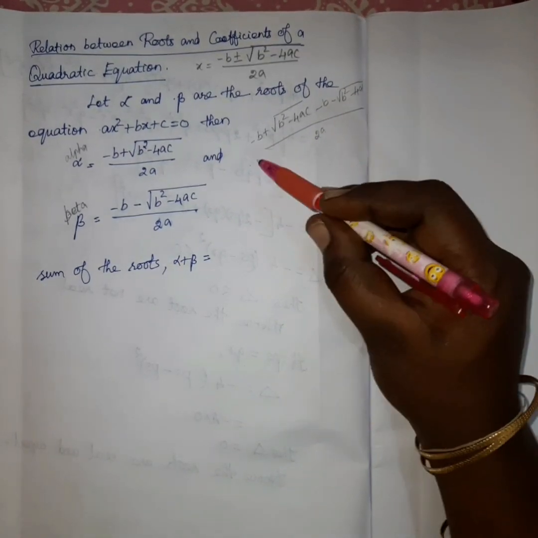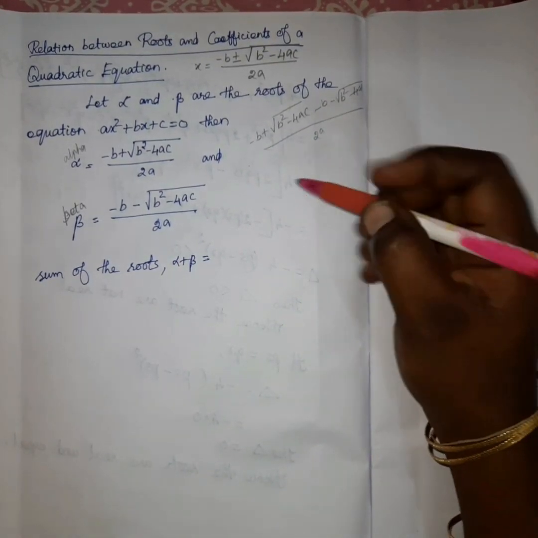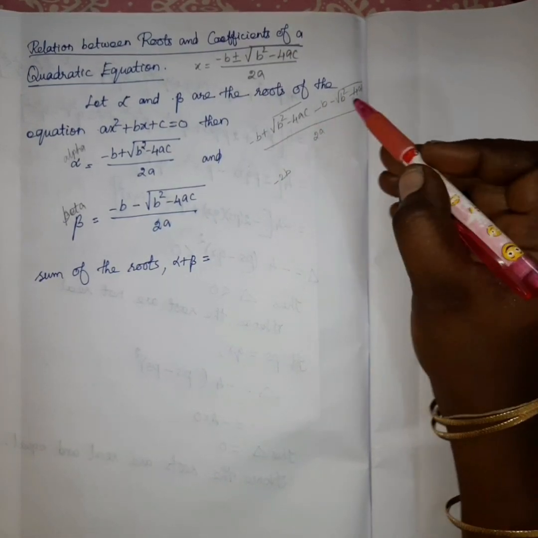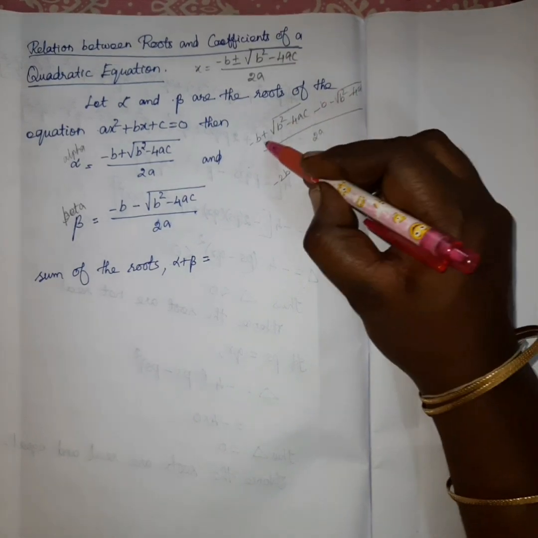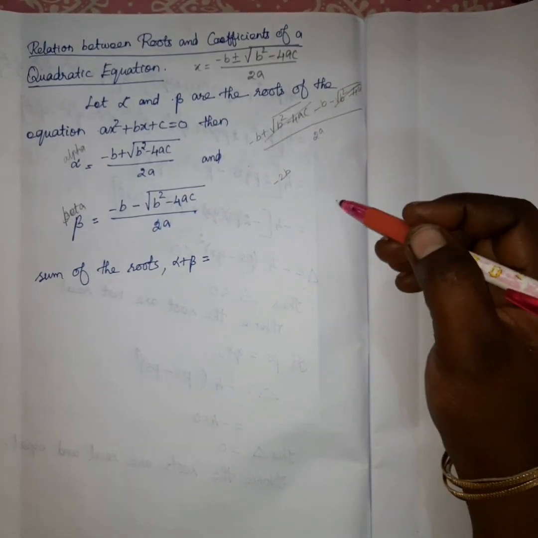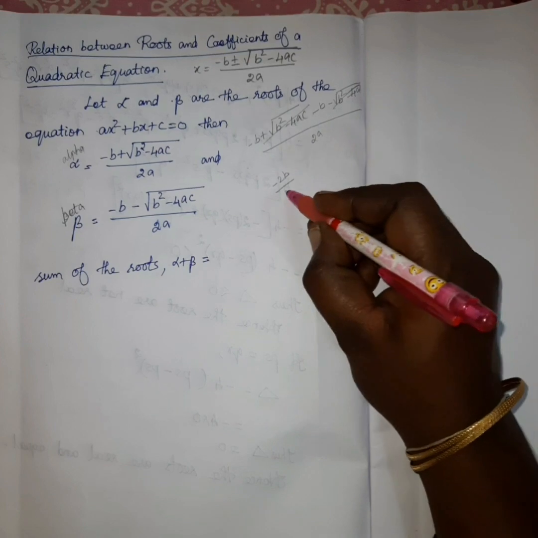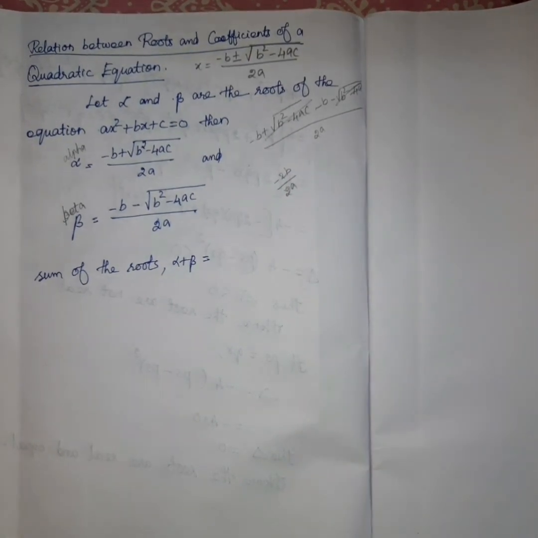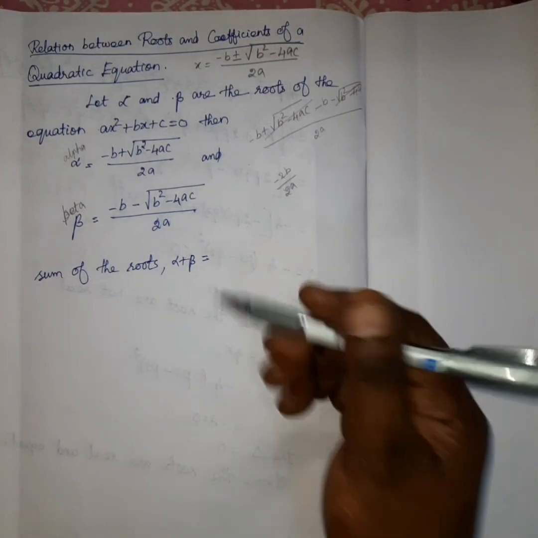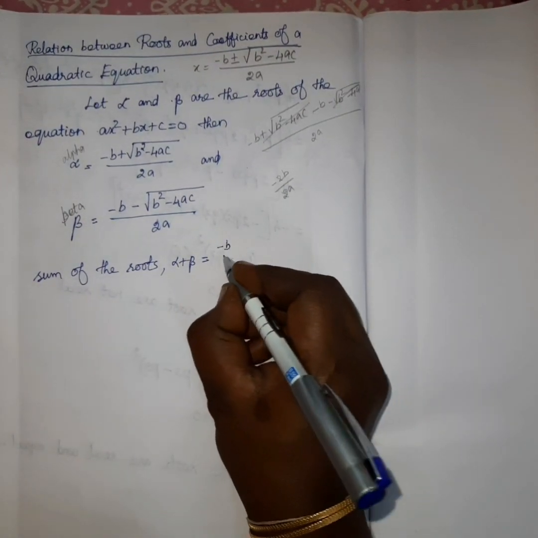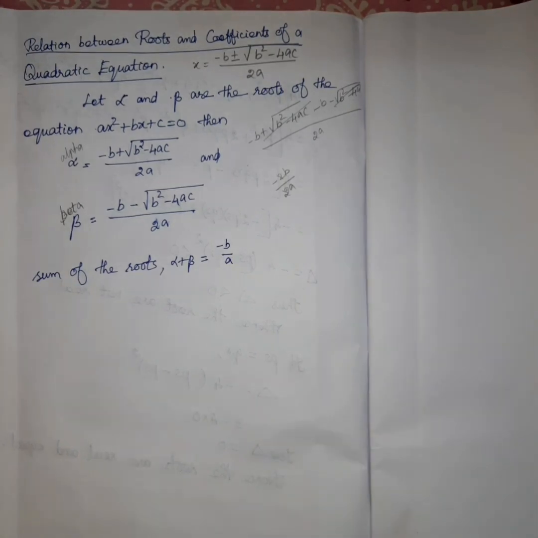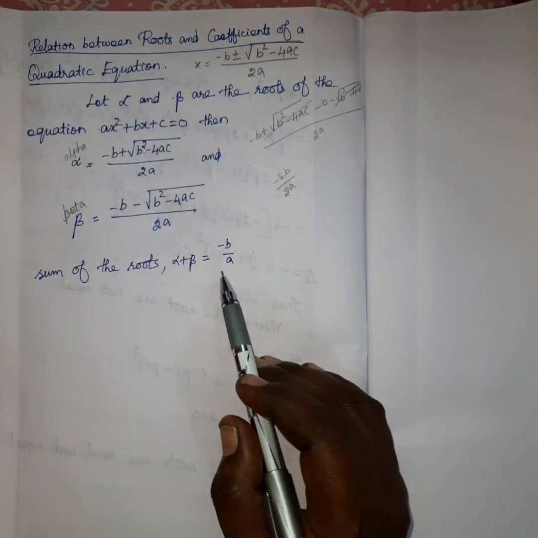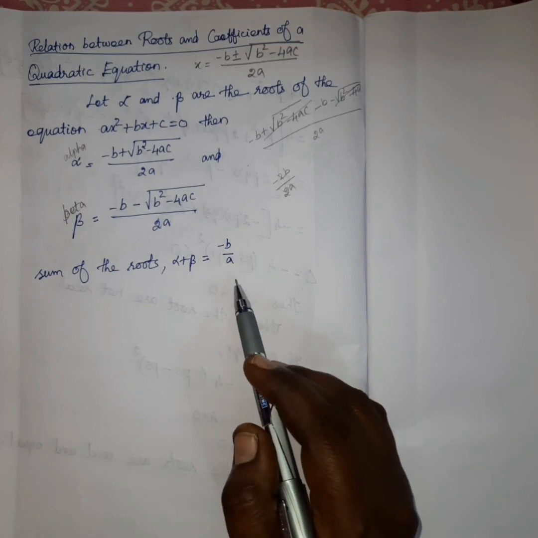Common denominator: minus b, minus b, you will get minus 2b. Then plus square root of b square minus 4ac minus square root of b square minus 4ac, so these two terms will cancel. Divided by the denominator 2a, we can cancel 2 and 2. You will get minus b by a. So what is the sum of the roots? Minus b by a. If we have the equation as ax square plus bx plus c equal to 0, the sum of the roots is minus b by a.